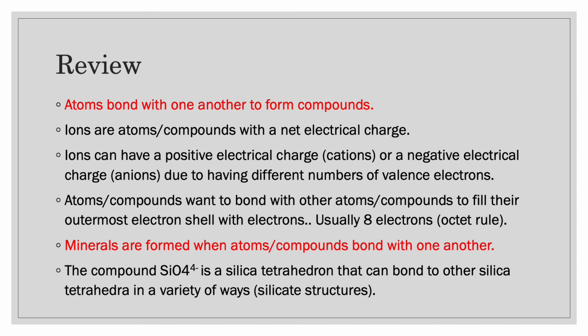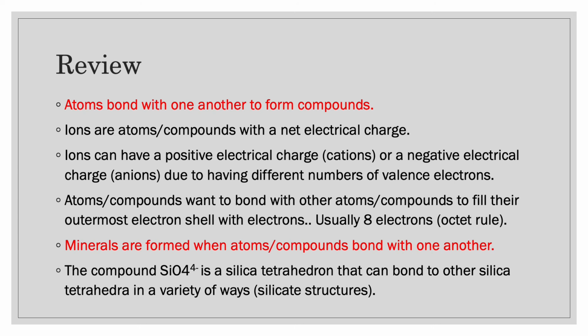So this has been a lot of information, especially for those of you that don't really have a chemistry background. So I'm going to just review what I've gone over so far before I move on. Atoms of different types of elements bond with one another to form compounds. They bond through different types of chemical bonds.